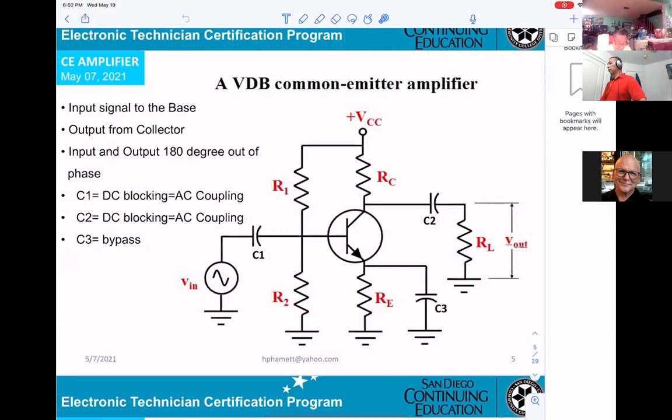Then you can apply VCC times that total resistance, divided by R1 plus that resistance. But normally R in base will be 10 times bigger than R2, so that's why we ignore it, okay.